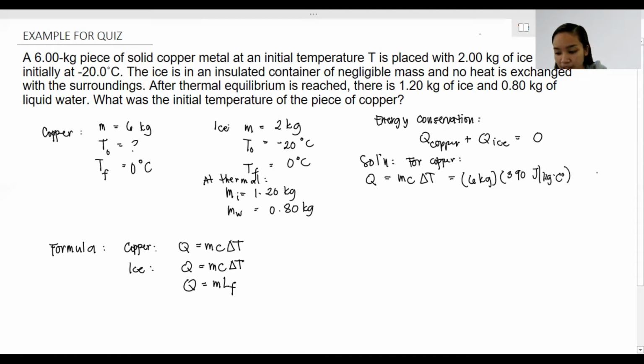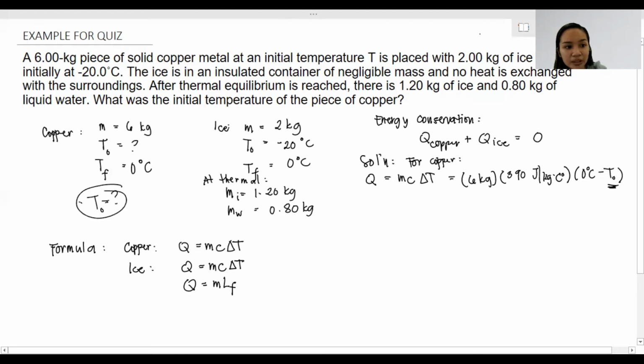And then our delta T is our final temperature, that's 0 degrees Celsius, minus our initial temperature. If you have noticed, wala akong sinulat na value for initial temperature since yan yung hinahanap natin dito sa problem, the initial temperature of our copper. So I will write it as is.